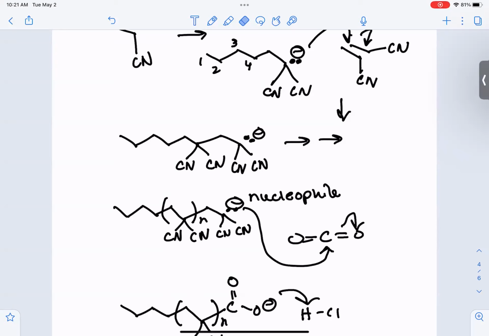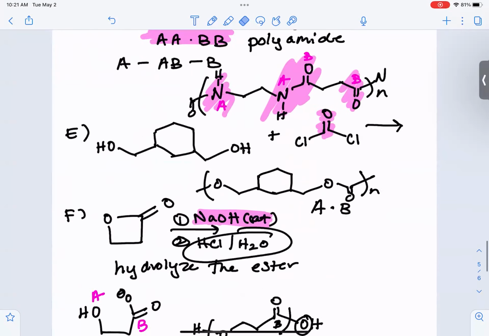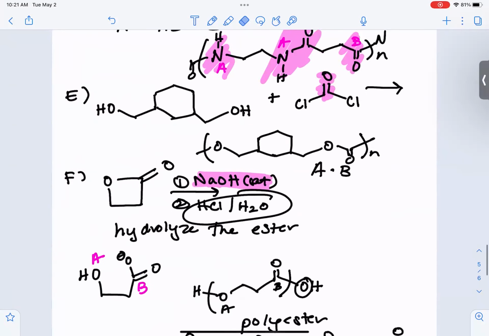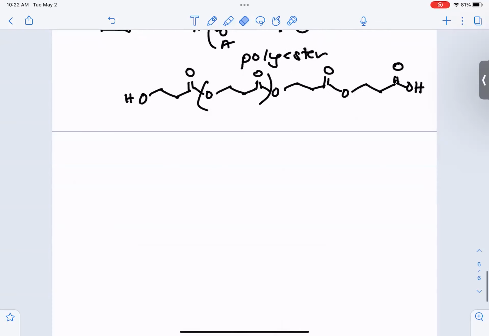Pamela: For E, those hydrogens on the oxygen will just be more? Yeah, because it's an alcohol reacting with an acid chloride to make the ester. That was one of the carboxylic acid derivative reactions. This one's a little bit different because the carbonyl reacts both ways.